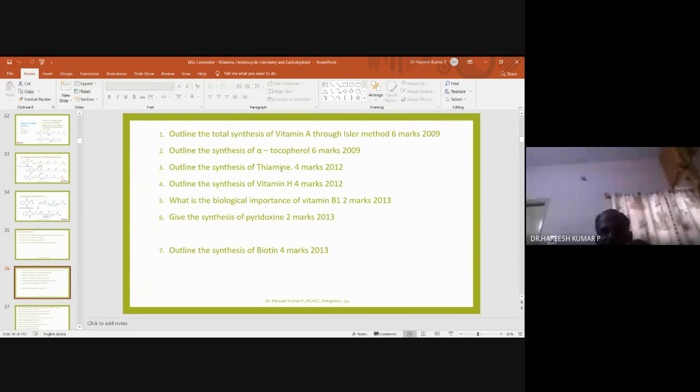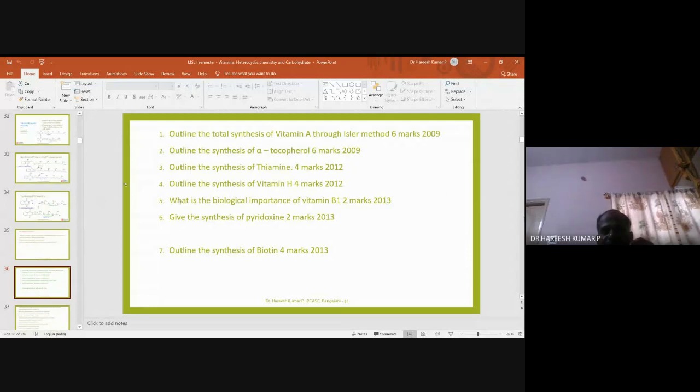Outline the synthesis of alpha tocopherol. Just now I discussed 2-methyl naphthol treated with a long chain ketone, which will give you tocopherol.